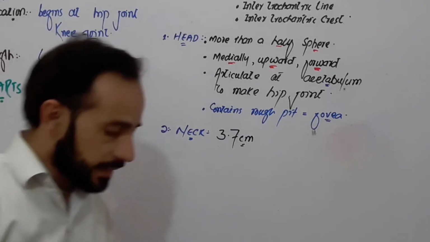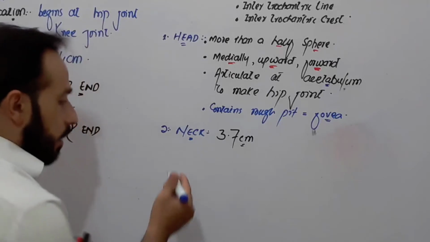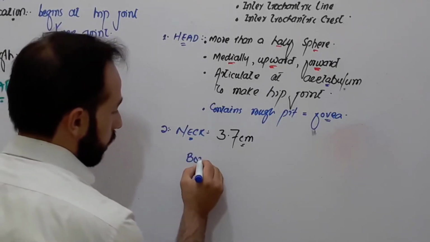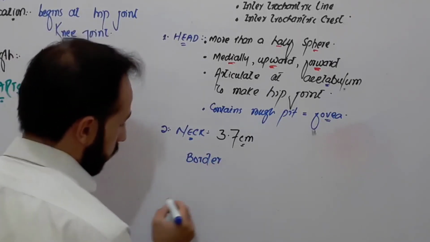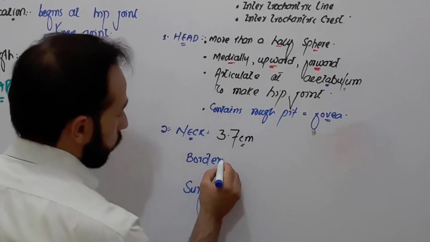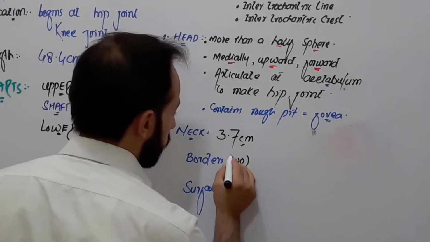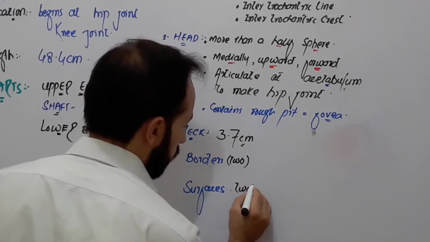Then we say it has an upper border and a lower border, right? About borders of it, it has how many borders? It has 2 borders, and then it also has surfaces. So how many borders? It has, my dear friends, 2 borders. How many surfaces? It has 2 surfaces.